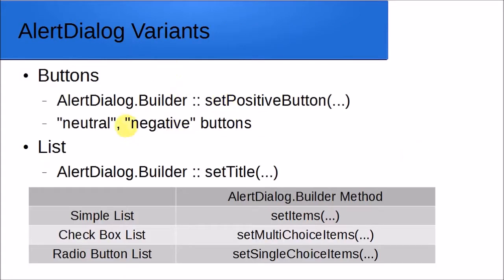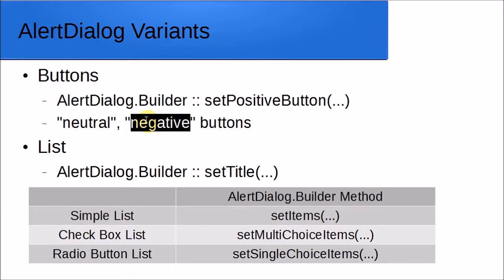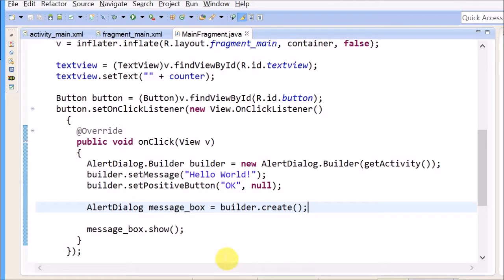Okay, so there are a bunch more options. So there's a positive button, so there must be a negative button, right? And there's a neutral button. So kind of illustrate that. So message is like, are you Lewis? So positive button is like maybe yes.